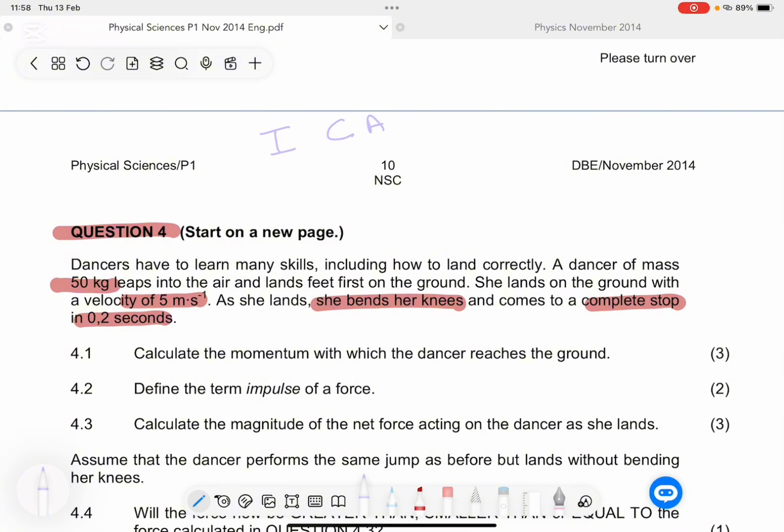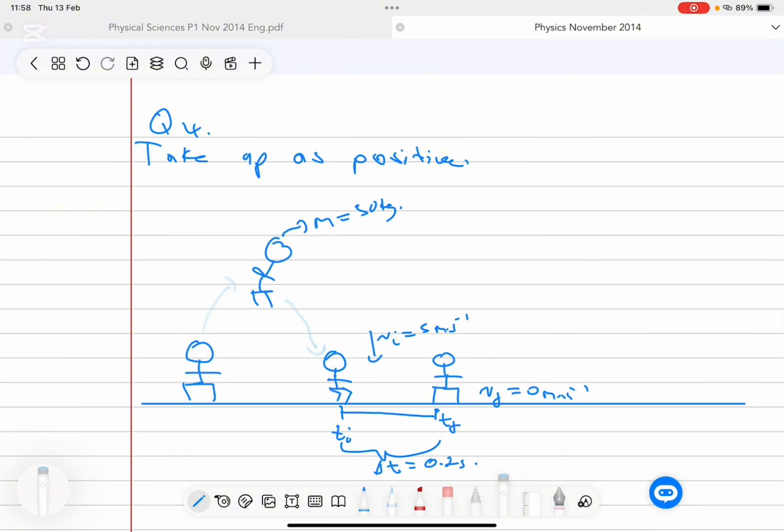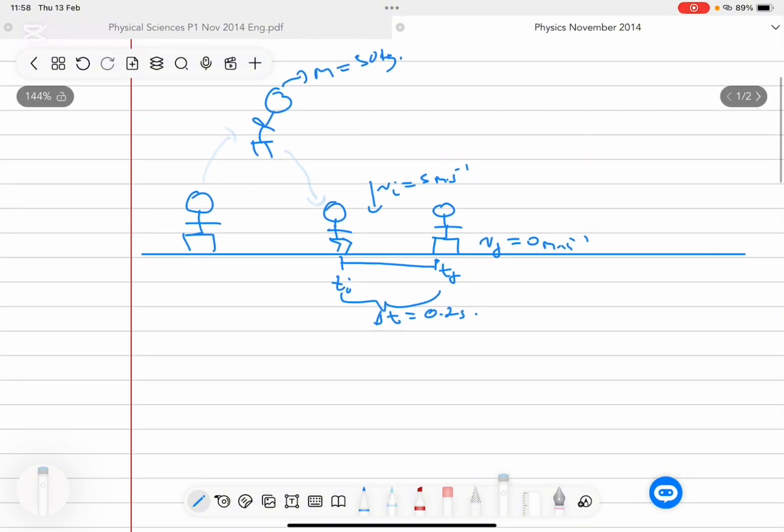Now 4.1 says we should calculate the momentum with which the dancer reaches the ground. If we look at the situation we have described, we are looking for the momentum when the dancer reaches the ground.